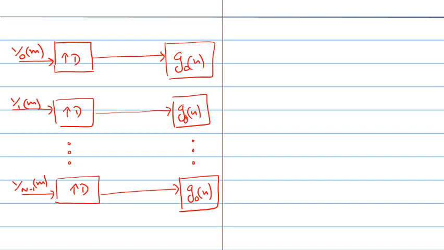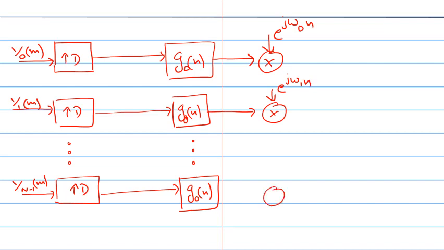Then the output of this filter will be multiplied with a complex exponential of e power j omega naught n. This is also multiplied by e power j omega 1 n, and similarly the last channel is multiplied by e power j omega n minus 1 n.